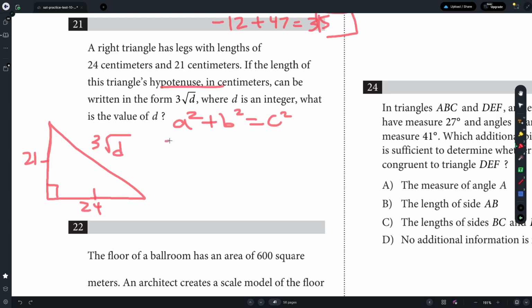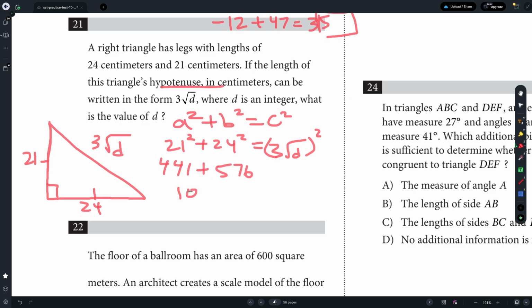So we can do 21 squared plus 24 squared equals 3 root d, squared. Now what can we do? 21 squared is equal to 441, sorry. 441 plus 24 squared, which is 576.